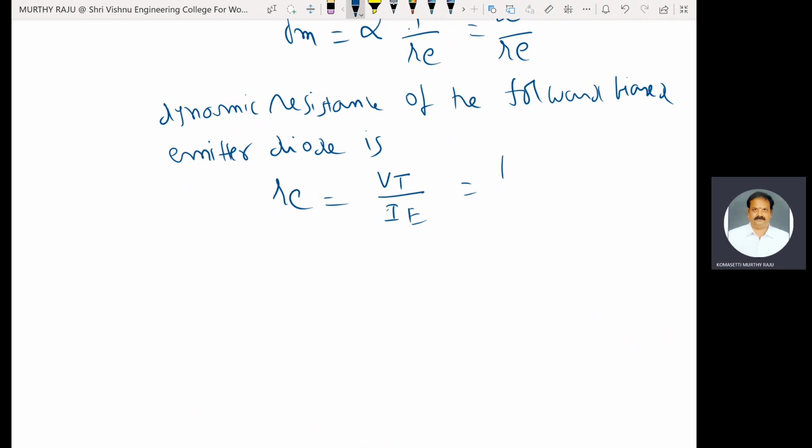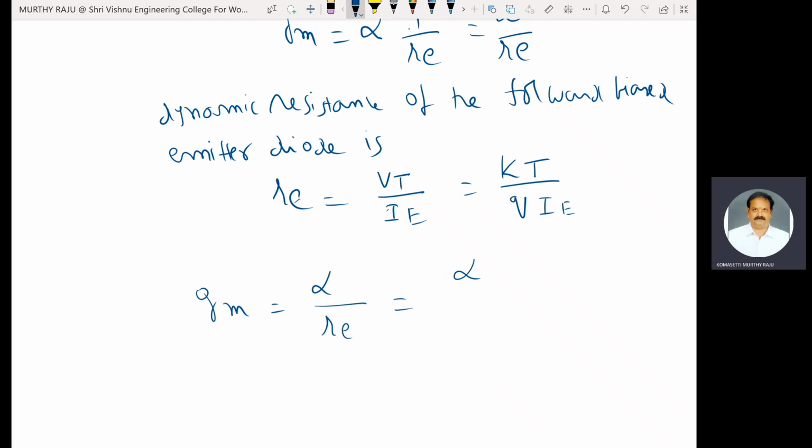VT is equal to KT by Q. We know that gm is equal to alpha by RE.